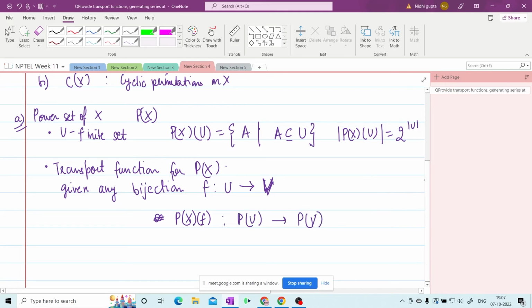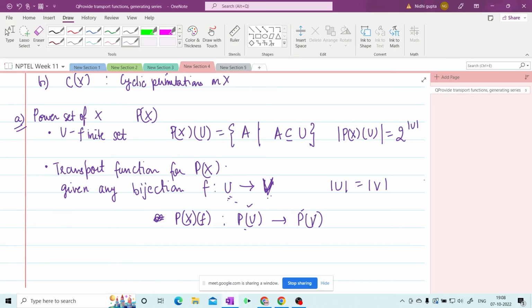So basically we have a bijection from u to v, and using that bijection we have to set up a bijection between the power set of u and the power set of v. Since we have a bijection, we know that the order of u should be equal to the order of v.